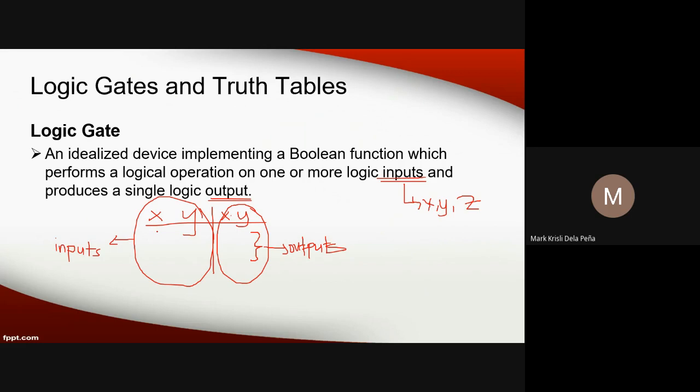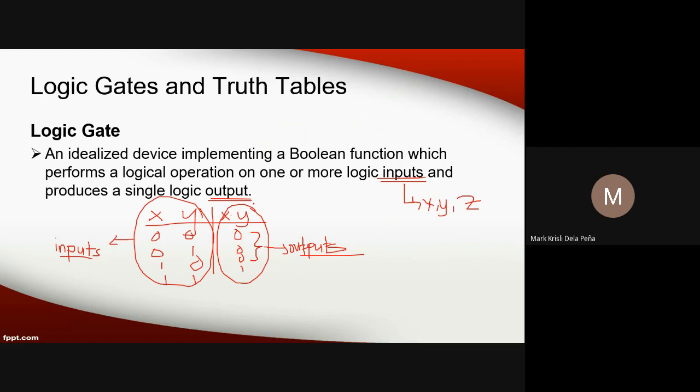Down here, it's 1 if you have 0, 0. So these are our input values: 0, 1, 0, 1. And our output will be 0, 0, 0, 1. Again, the left side are the inputs, the right side are the outputs.